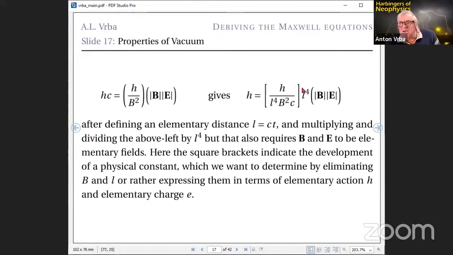Now, the square brackets here indicate that I'm developing a constant, and I want to eliminate basically B in here and express this in terms of h, e, l, and c in the fundamental units.